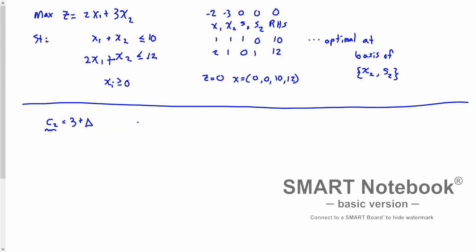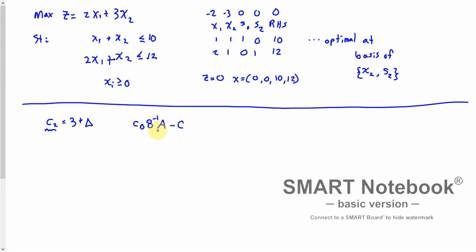And now that formula is CB times capital B inverse times A minus C. And so we need these vectors and matrices to be able to do this arithmetic. All of these are going to come from the original simplex table. They're all right there for us.